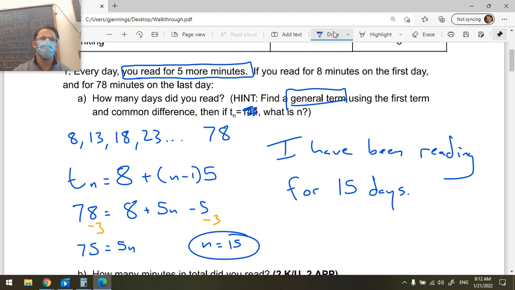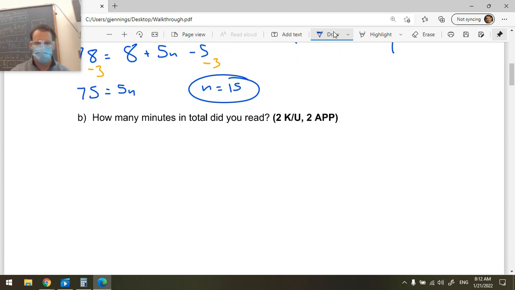Adding all those individually is tiresome, so I use the formula for adding together an arithmetic series. The formula is S, the series with n terms, equals n divided by 2 multiplied by 2 times the first term plus n minus 1 times d.